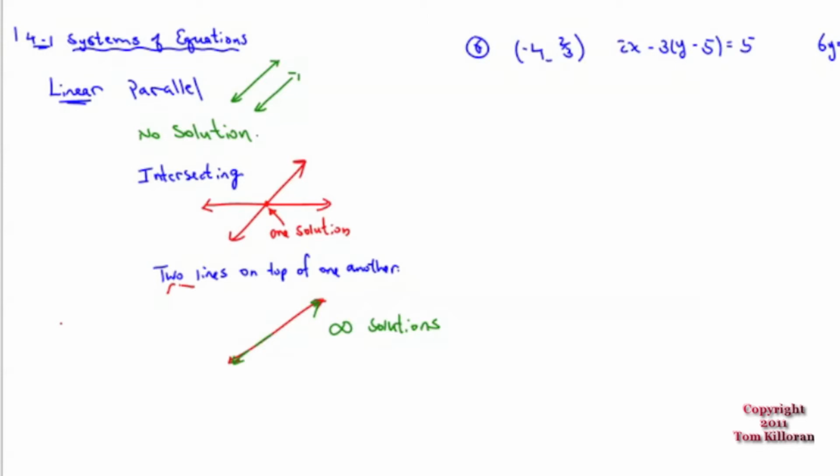So this situation up here would be different y-intercept and same slope. This situation down here where there's infinite solutions is the same y-intercept, same slope. So you can kind of get an idea that these two I'm going to try to keep rare. I'm more interested in the ones that intersect. But these do crop up where you're talking about no solution, parallel lines, and infinite solutions, same line.